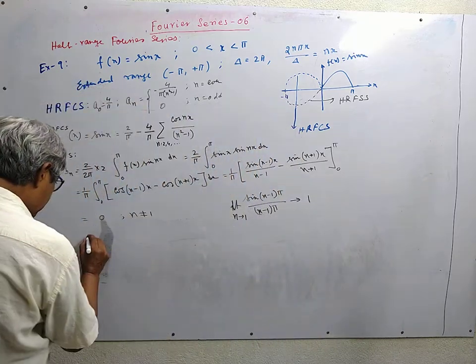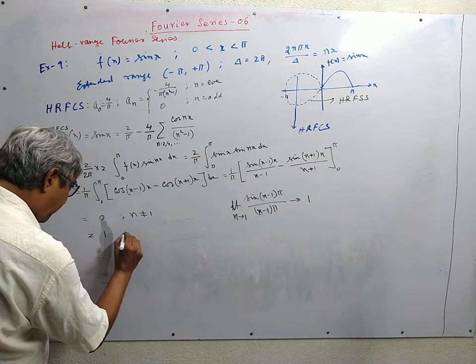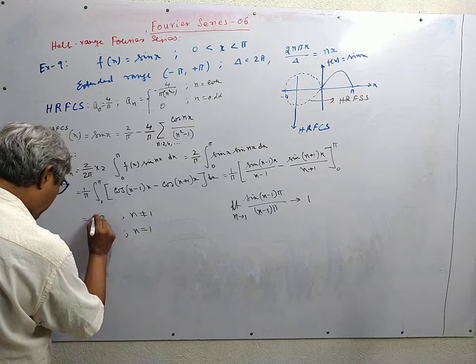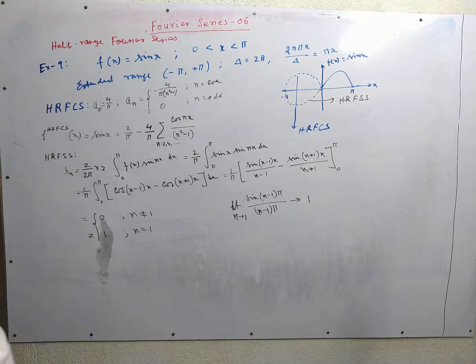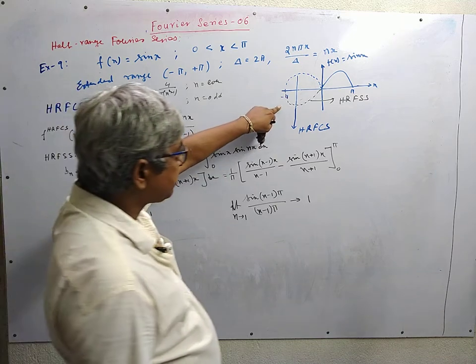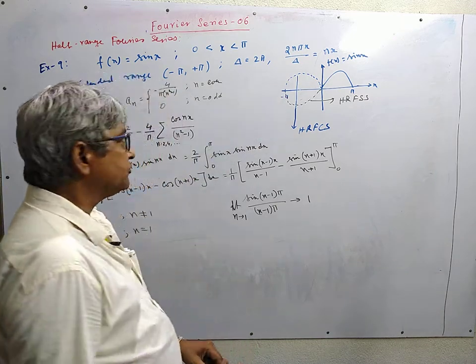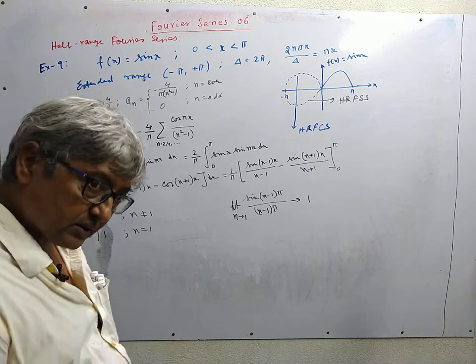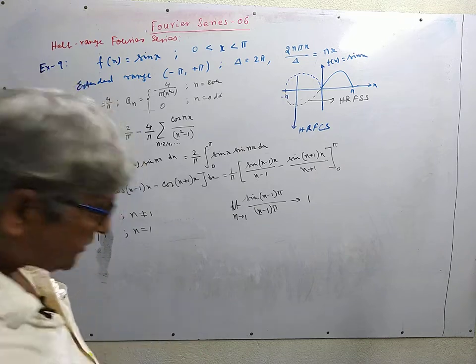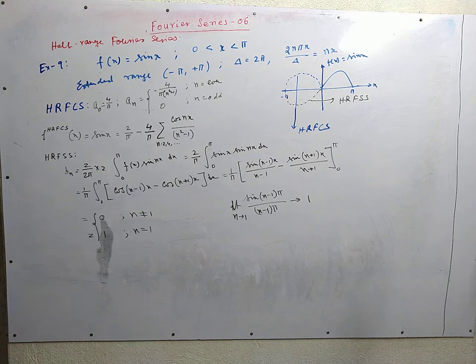So the result is 1 for n is equal to 1. So we see that only B1 survives, and this is what we expected from the observation. So this completes our discussion on half range Fourier series. In the next class we shall take up Parseval's equality.